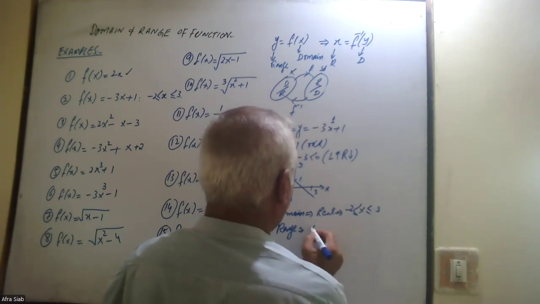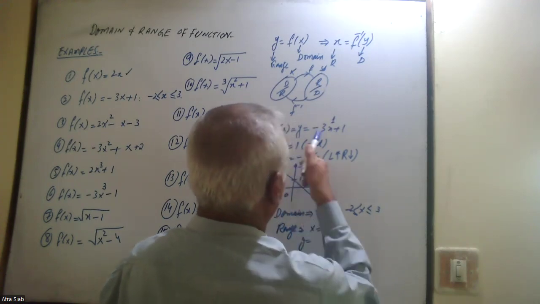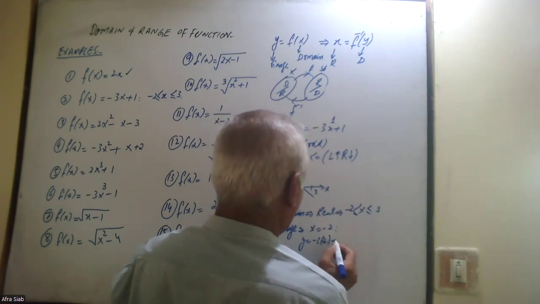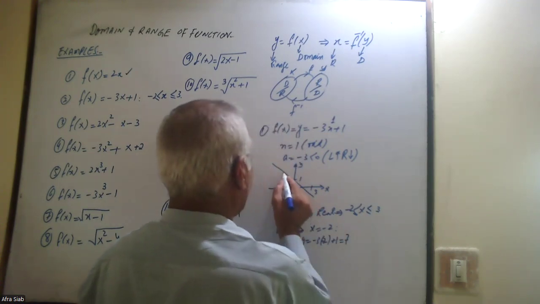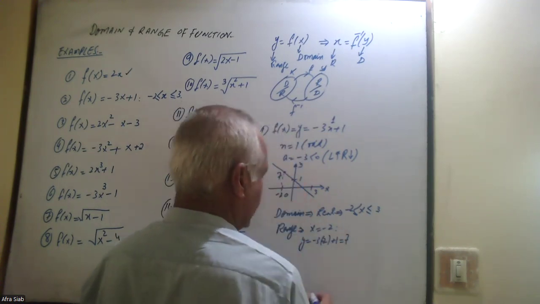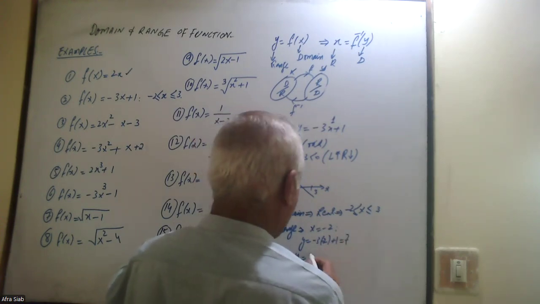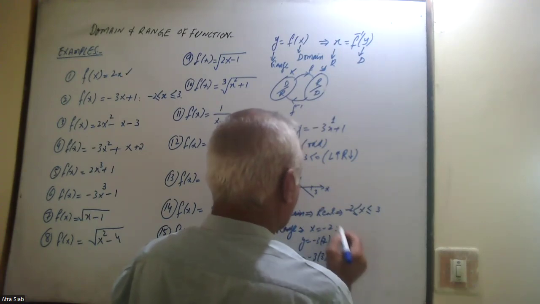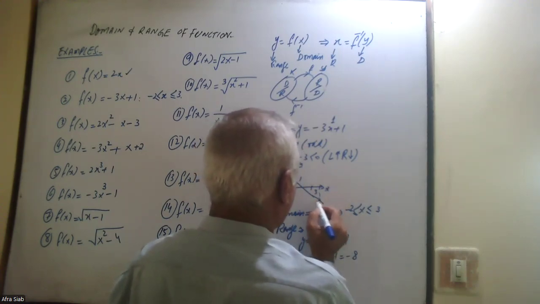If you put x = -2 there, then y is equal to -3 times -2 plus 1, which is 6 plus 1, that is 7. So for -2 the value is 7. If you put x = 3 in it, then -3 times 3 plus 1 is -9 plus 1, which is -8.